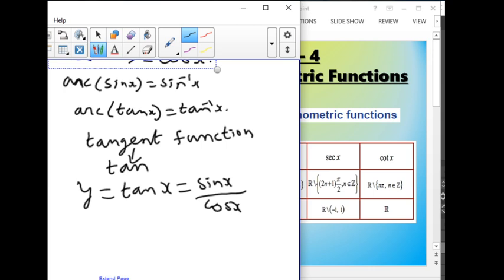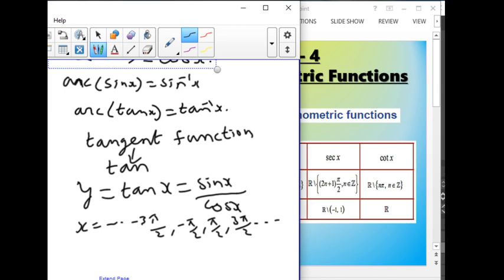And we know that when x is equal to minus 3 pi by 2, minus pi by 2, pi by 2, 3 pi by 2 and so on, the denominator will become 0, because cos pi by 2 is 0, cos 3 pi by 2 is 0. So the tangent function is not defined for these values of x.